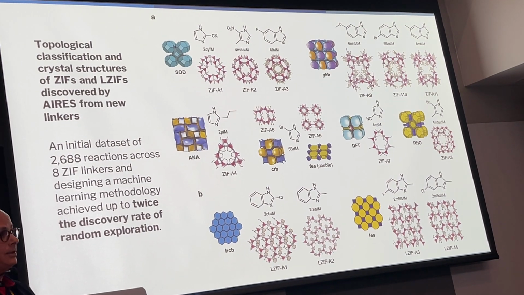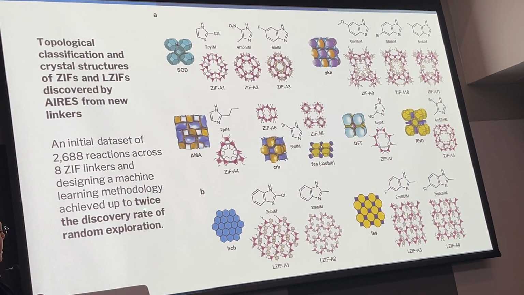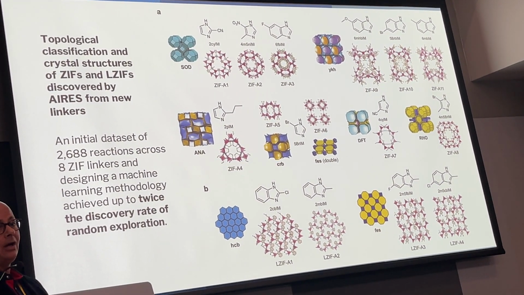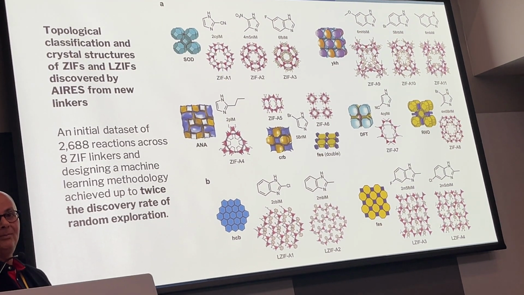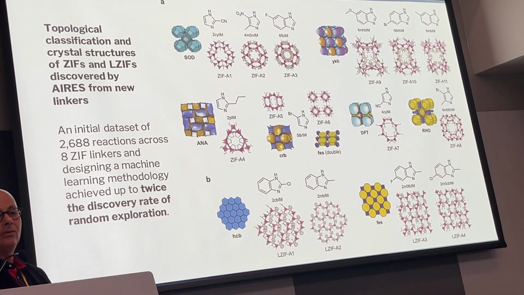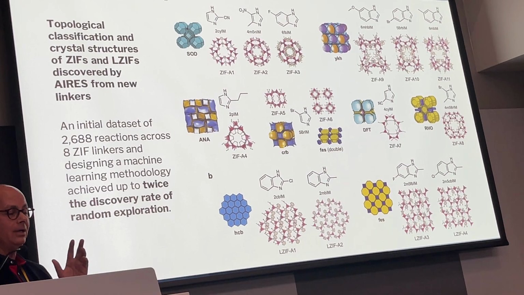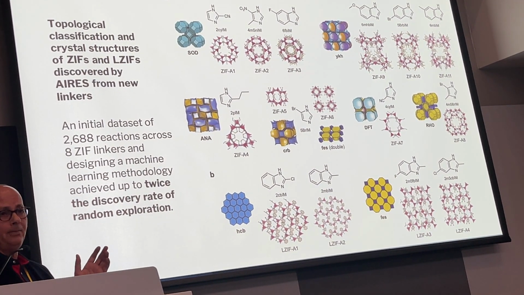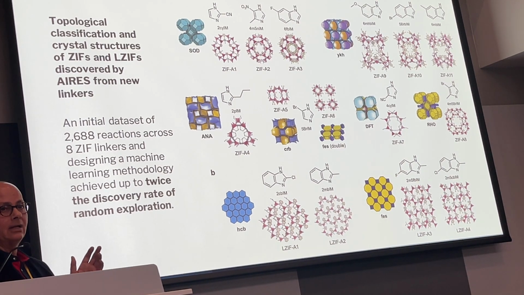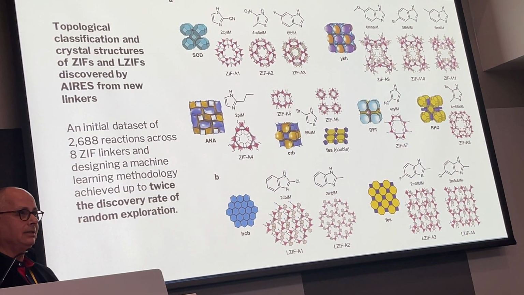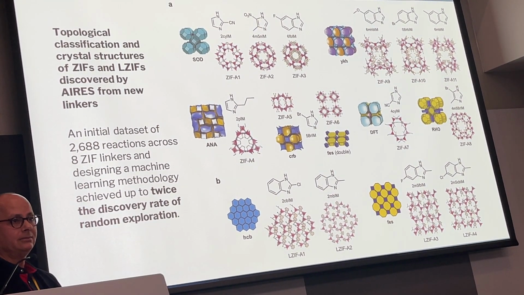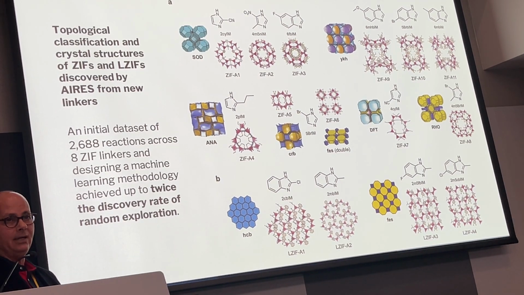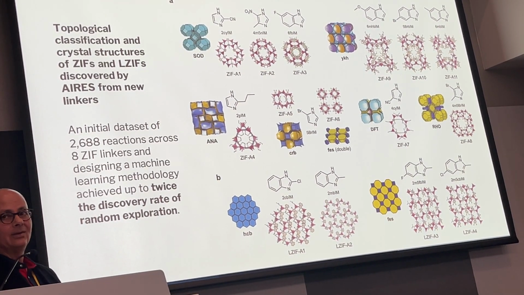The result was that our discovery rate was twice that of my lab. For almost 20 years, people have been making ZIFs, and they made 200 ZIFs. We can do double that in less time.